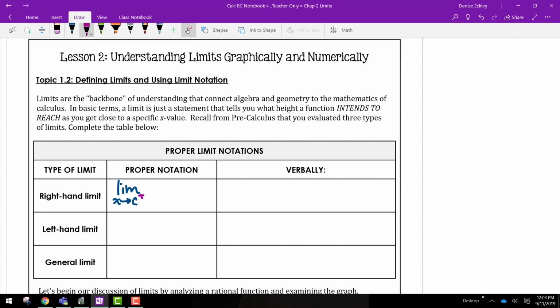And that means from the right. So verbally, this is saying the limit as x approaches C from the right.